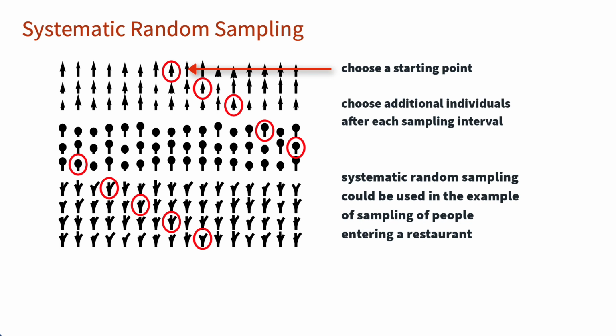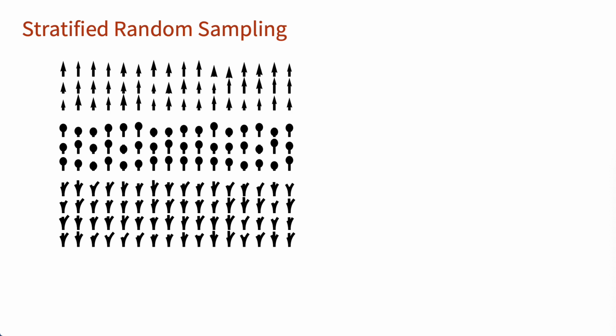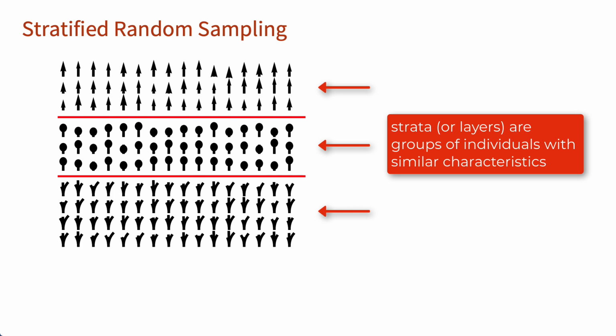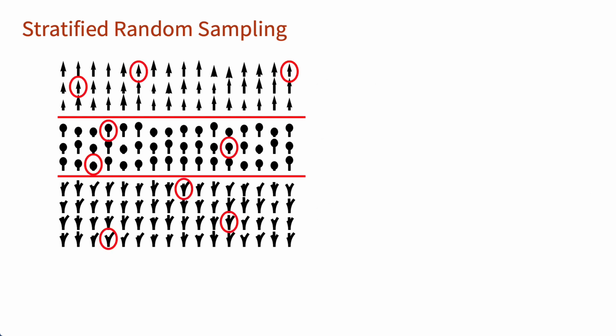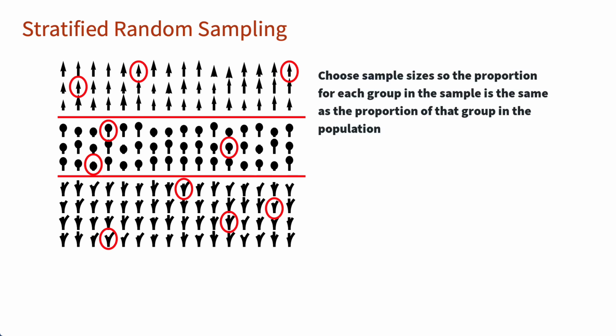Another method of sampling, which is typically more accurate than simple random sampling, is stratified random sampling. Stratified random sampling is done by separating the population into groups called strata, or sometimes layers, of individuals with similar characteristics, such as groups of similar plants in a garden, and constructing a sample by combining random samples from each layer, or stratum, with sample sizes chosen so that the proportion from each group in the combined sample is the same as the corresponding proportion in the population.